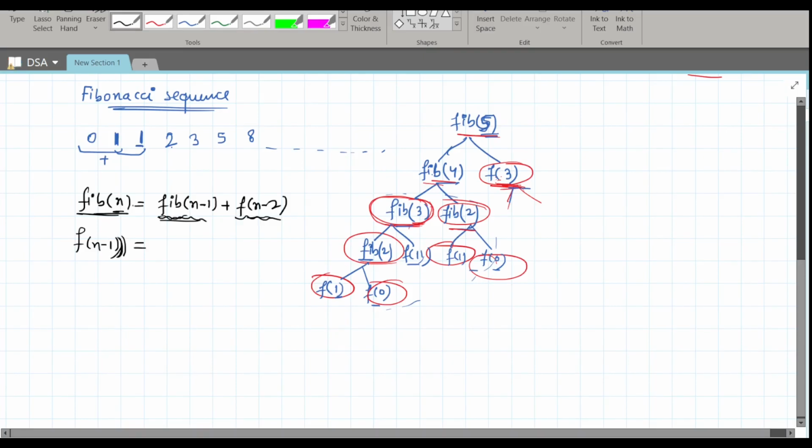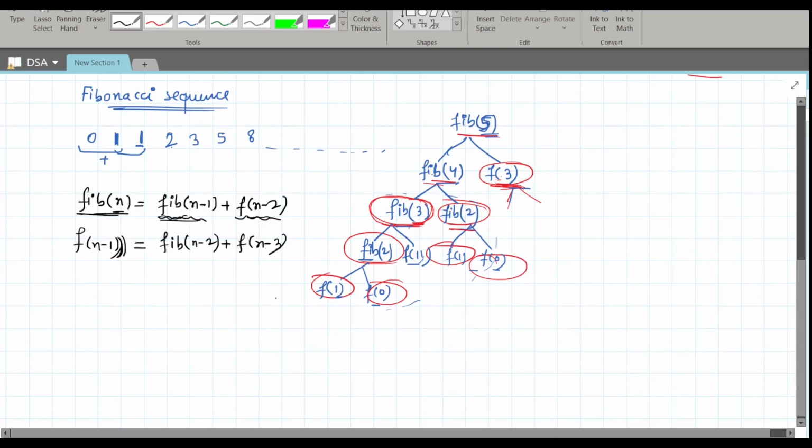But the way in which we solve fib n, the same way we will solve fib n minus 1. So fib n minus 1 will be fib n minus 2 plus fib n minus 3. So we are approaching the solution of the problem in the same way.